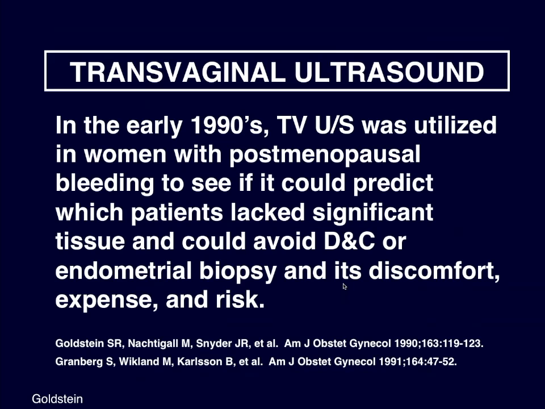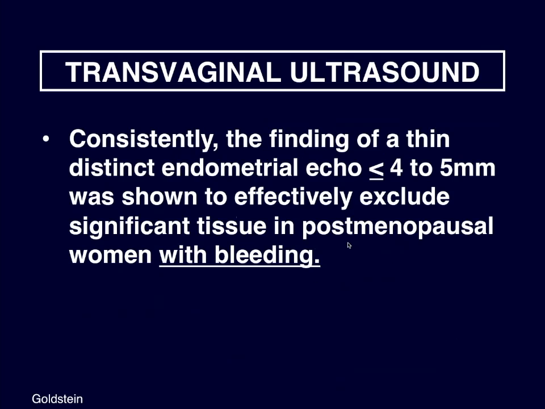Well, this began in the early 1990s. Transvaginal ultrasound was utilized in women with postmenopausal bleeding to see if it could predict which patients lacked significant tissue and could avoid a D&C or endometrial biopsy and its discomfort, expense, and risk.